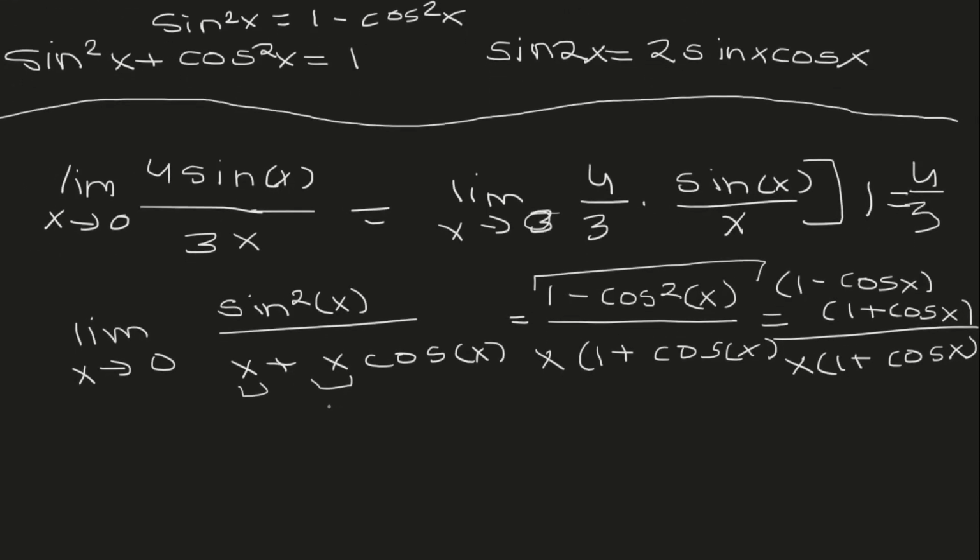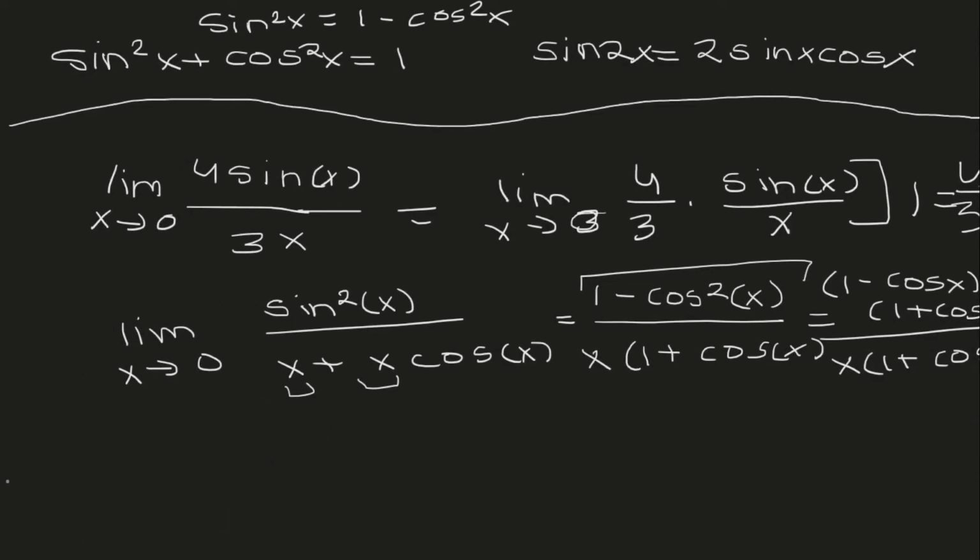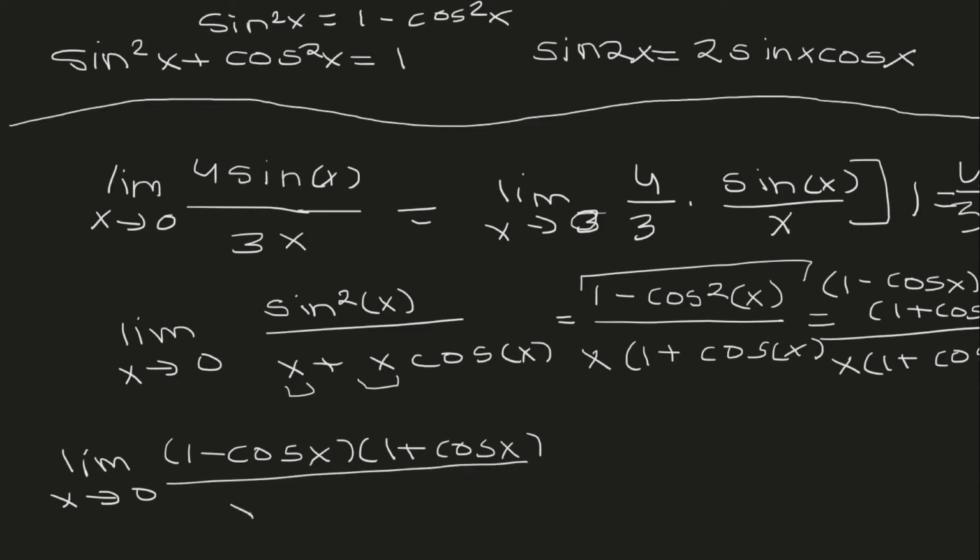Let me move that to the bottom here. So our final version of the limit will be the limit as x approaches 0 of 1 minus cosine x times the quantity 1 plus cosine x all over x times 1 plus cosine x.